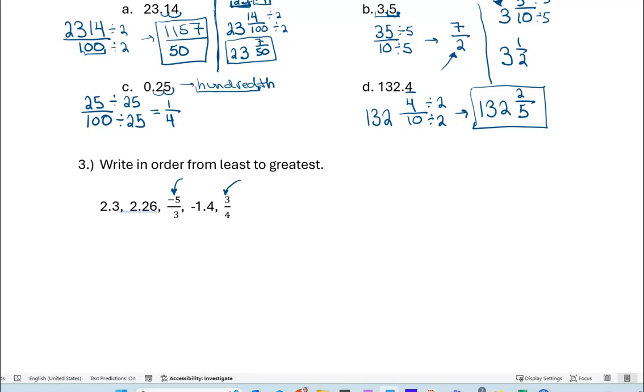All right, so I need to convert this fraction and this fraction to decimals. I know that the negative 5/3 is going to be negative, so I'm just putting that negative ahead of the actual calculation. And so I have 1, and then it's 6,666. It goes on forever. Well, here, the most places I have to the right is 2. So I need to make each of these fractions decimals that go to the hundredth, which also means because I need to round, some of them I may not actually need to round, but I always need to check.